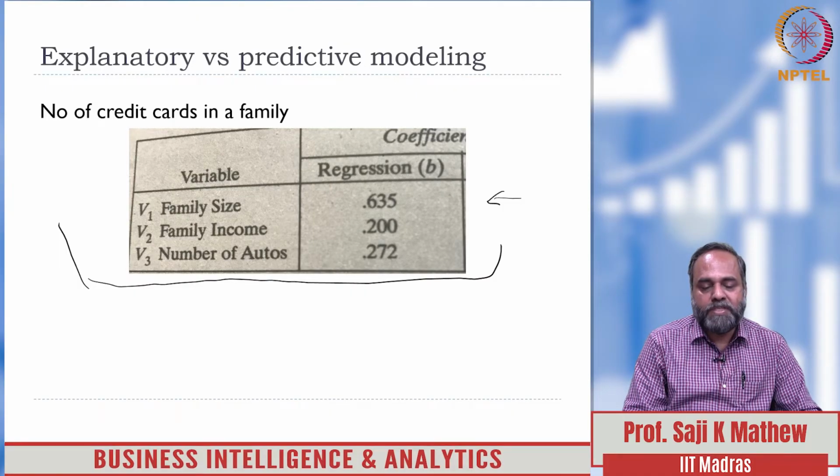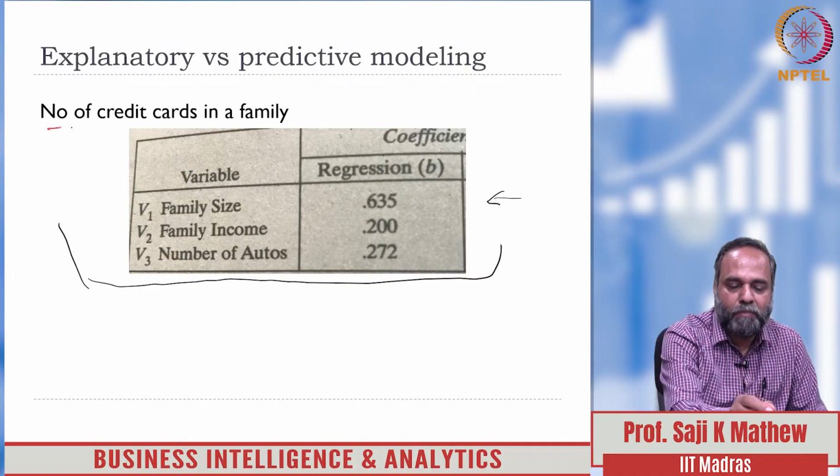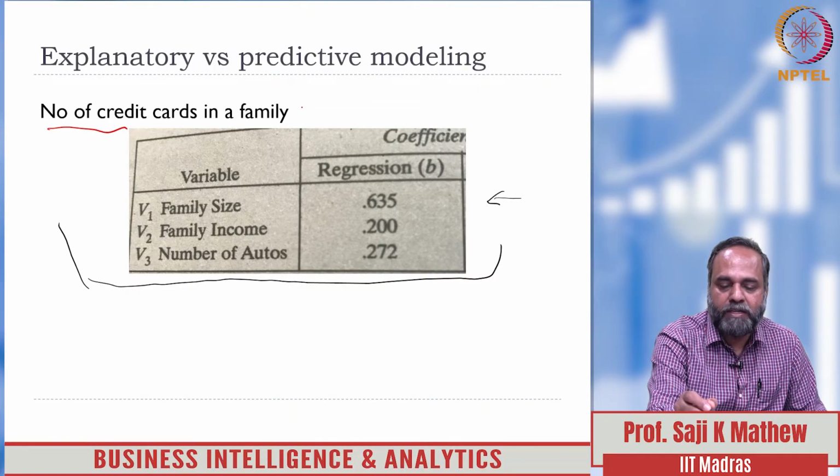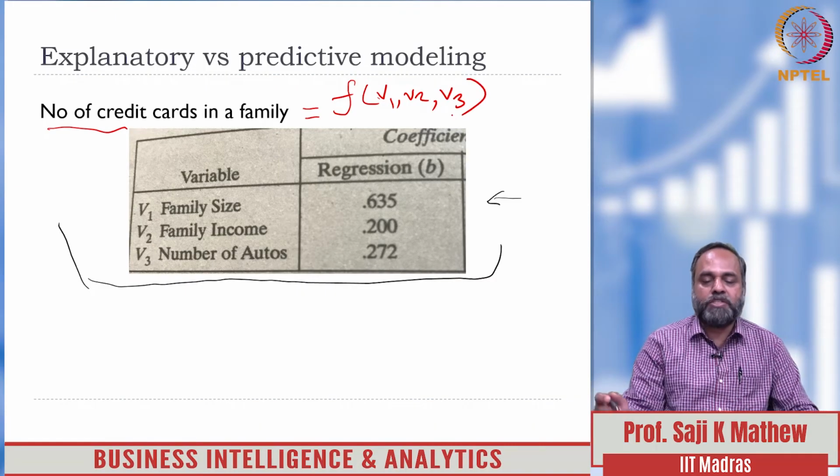So this is about a problem where a researcher was studying what determines the number of credit cards in a family. Therefore the Y is the number of credit cards, which is a function of V1, V2, V3. That is how this modeling is done.